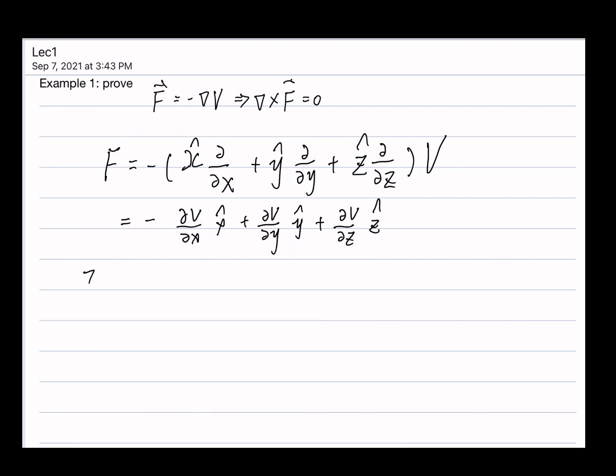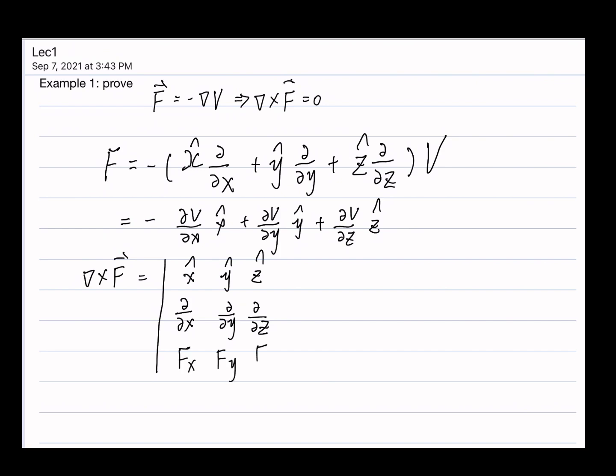And then let's work out del cross F. Del cross F is the determinant of partial x, partial y, partial z, and Fx, Fy, Fz.